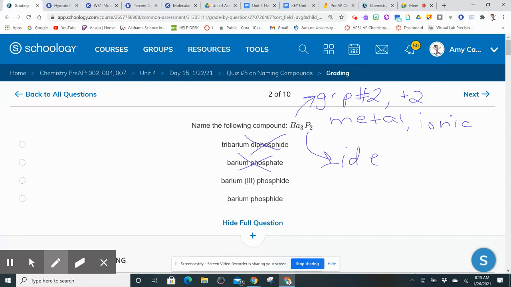Okay? So now we need to decide, is this barium 3 phosphide or just barium phosphide? The Roman numeral, so this might be the third thing that you want to make sure you write down somewhere, is that Roman numerals are only for transition metals.